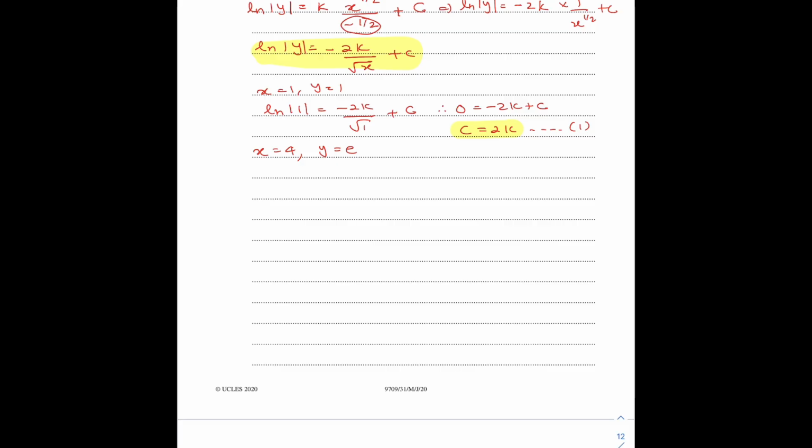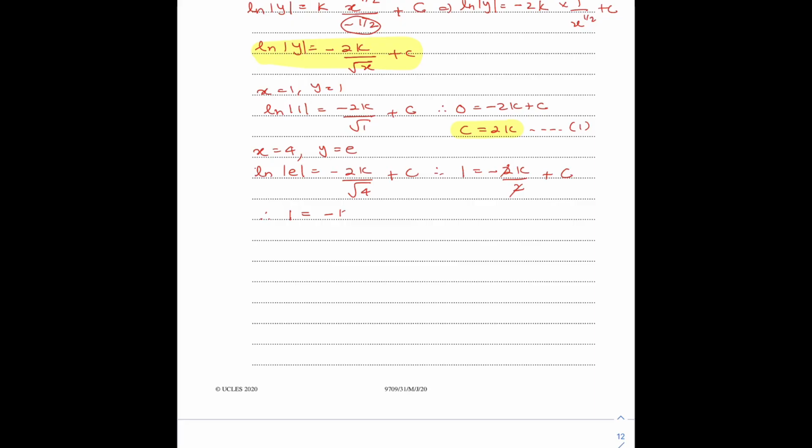Now x is 4 when y is e. Substitute again in that. So I'm writing ln e equals negative 2k, x is 4, square root of 4, plus c. ln e is 1.